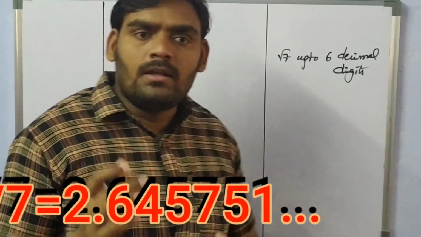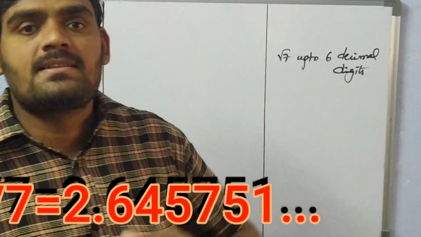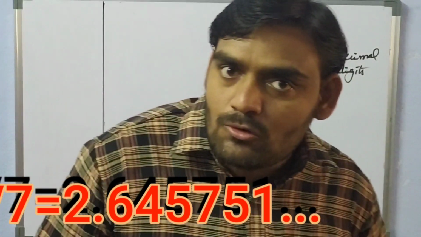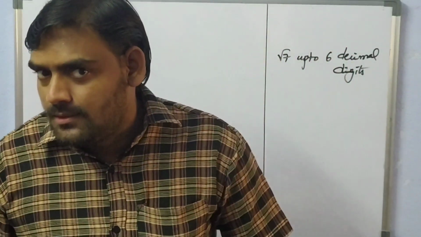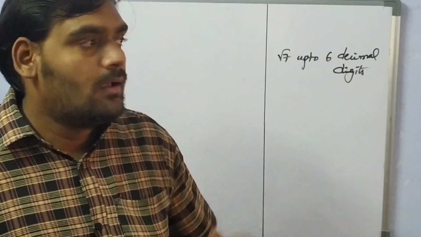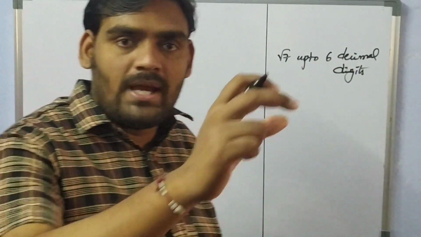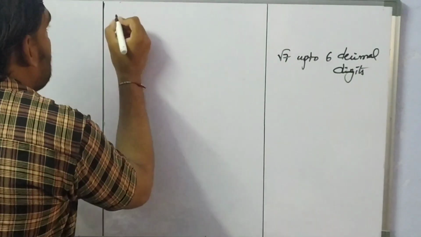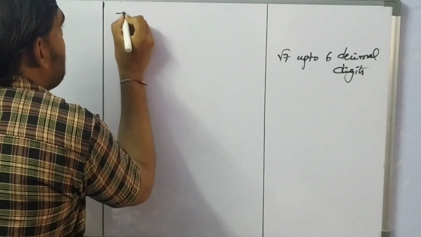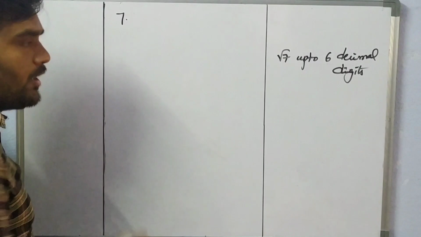In the previous classes, whenever you found a square root by using the division method, what did you do? You made groups of 2 digits from right to left. Like that also here. After 7, we need to keep a decimal point.